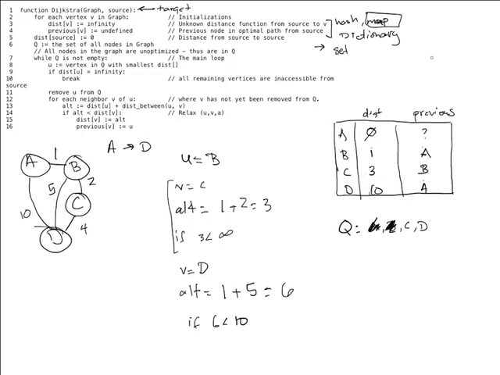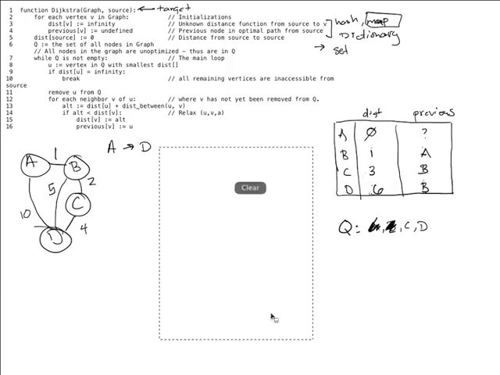Our distance is no longer 10. It is now 6. And our previous node is now B. Perfect.